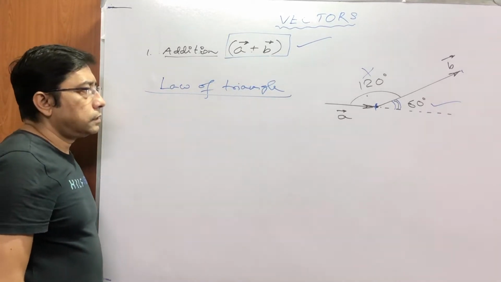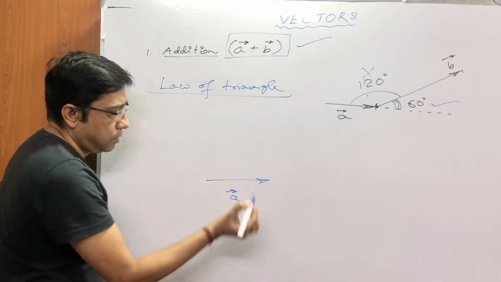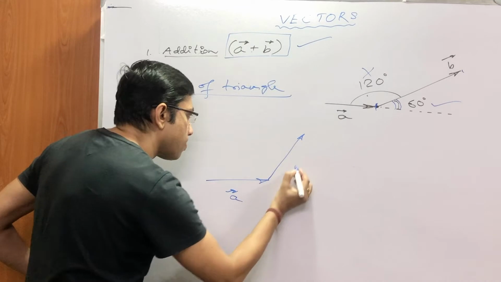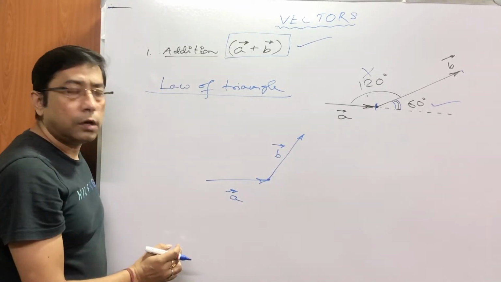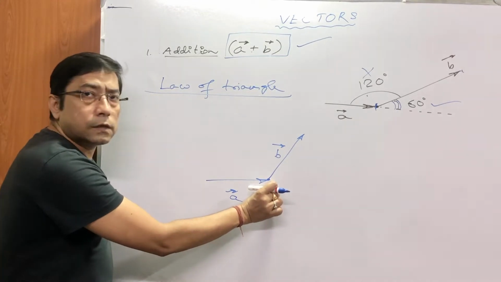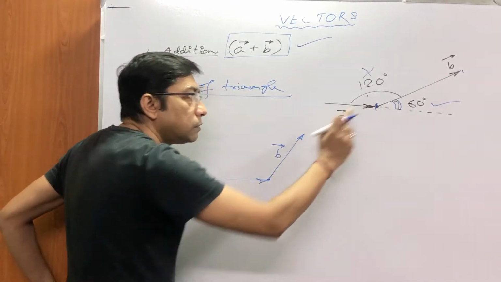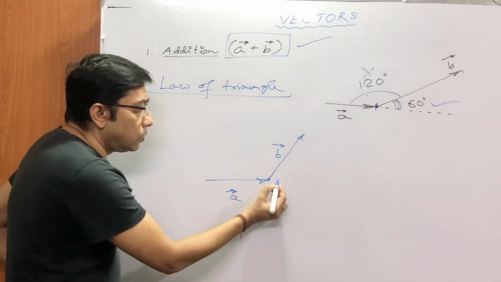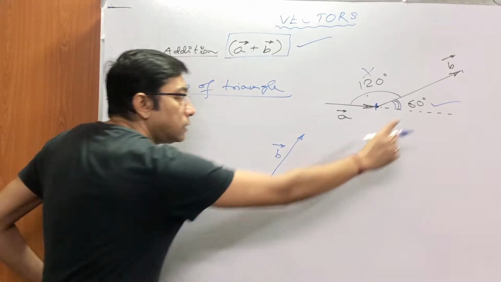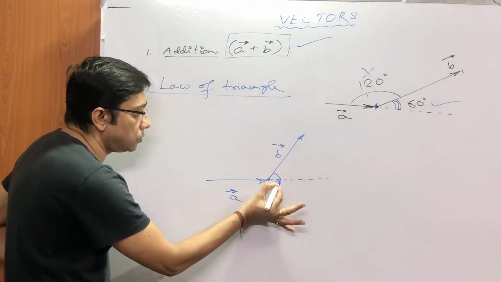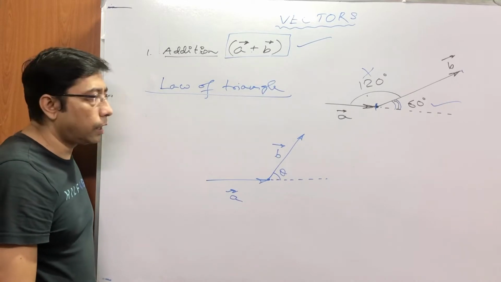The law of triangle states that if there are two vectors, suppose vector A and vector B, this is vector B. See where I have drawn vector B from. Vector A ends, from that point I have drawn vector B, just like this. So the angle between the two vectors has to be considered as the exterior angle. So this should be the angle between vector A and vector B, the exterior angle.